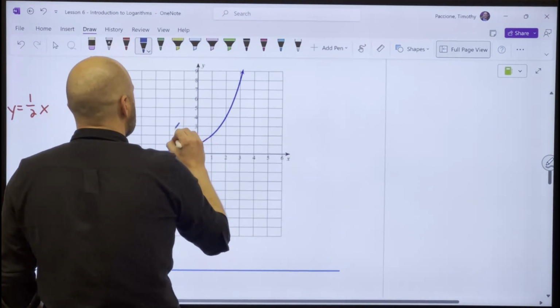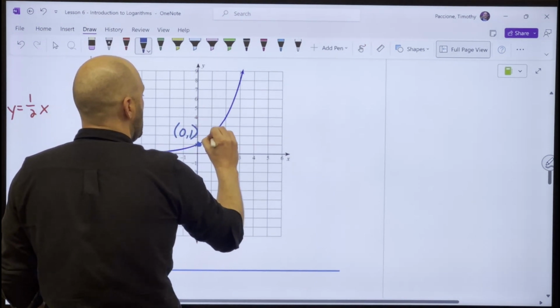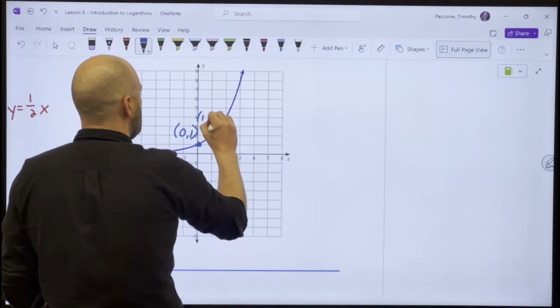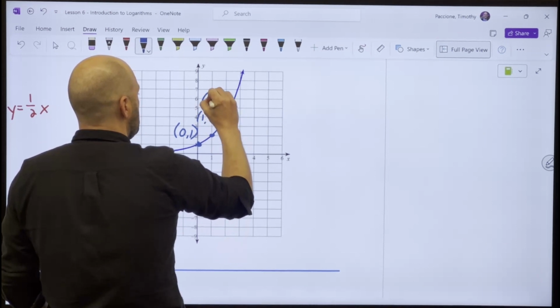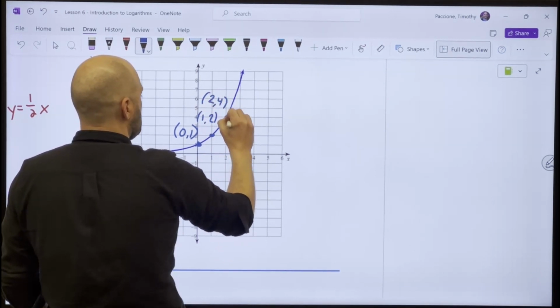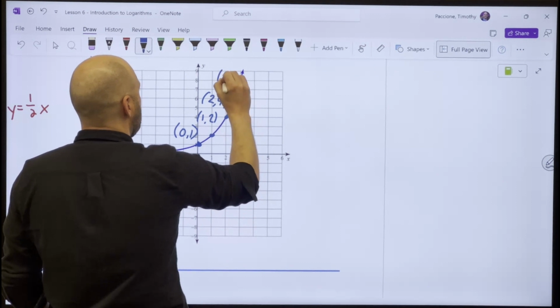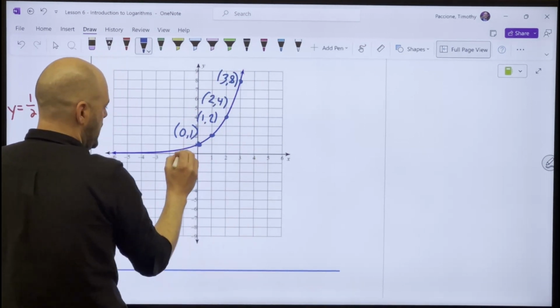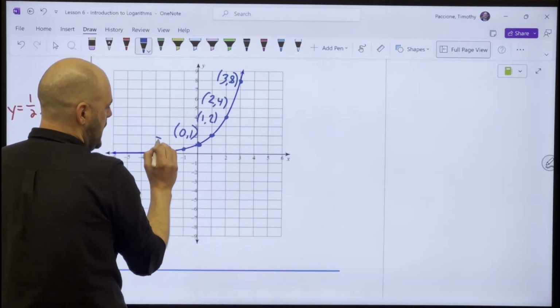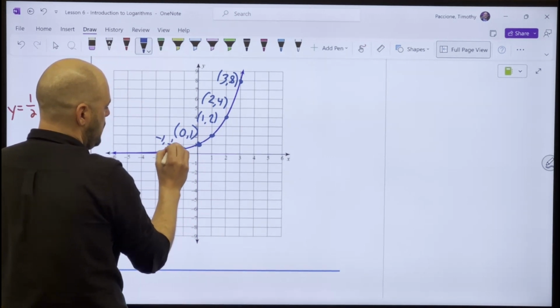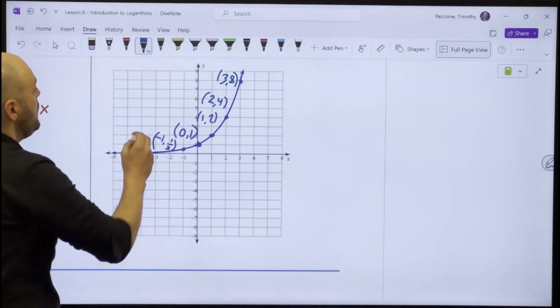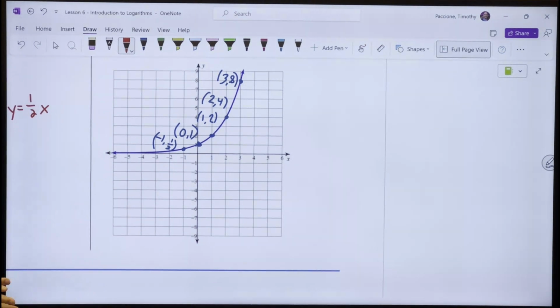Look at some points. I got 0, 1. I got 1, 2. I got 2, 4. And 3, 8. And for good measure, let's do a -1. So that's -1 and then 1/2. Okay, so if we flip all these, let's at least see what this inverse will look like.